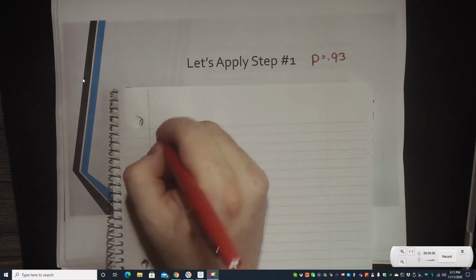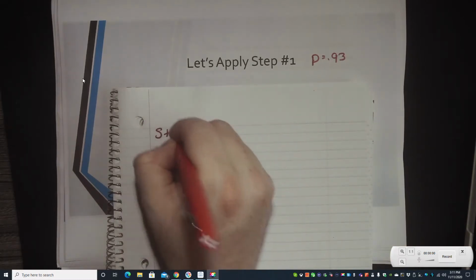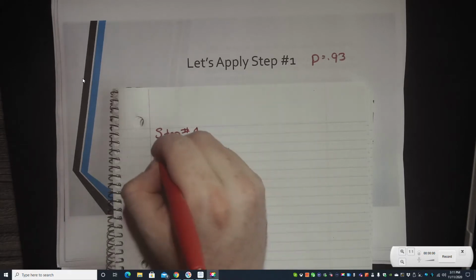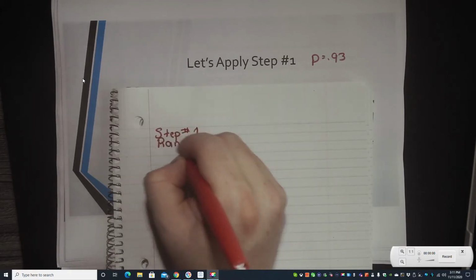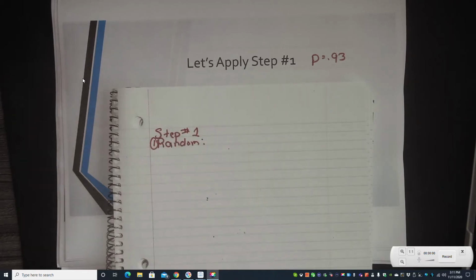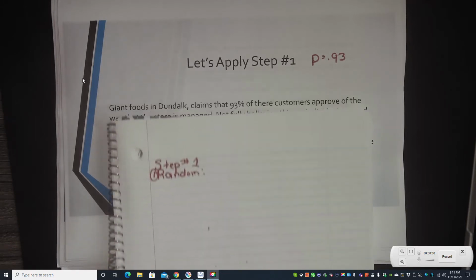If I look at this and take step number one, I need to show three things. One, it comes from a random source, which we'll just label as random. This is probably the one thing I sometimes forget to write in, that it comes from a random source. I always tell my students, just assume that it does.